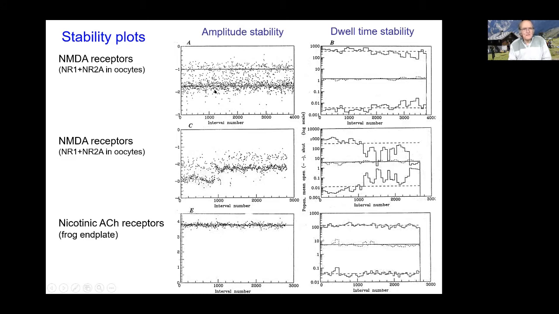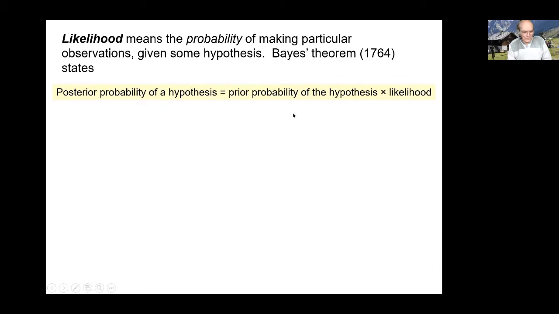Each point is a single measured amplitude. And you can see that there's a subconductance level here. They're quite scattered, in fact. And they look very steady. The amplitudes aren't changing with time. That's going from 0 to 4,000 openings.